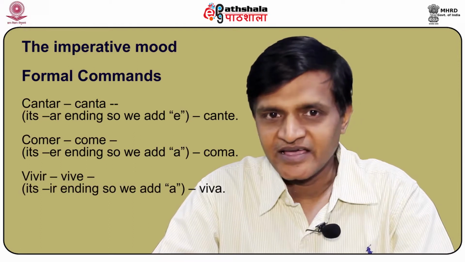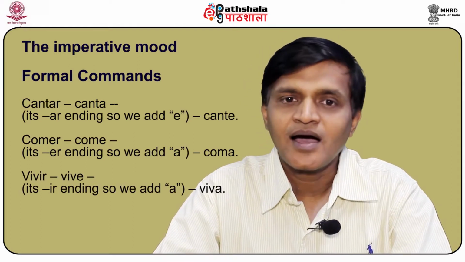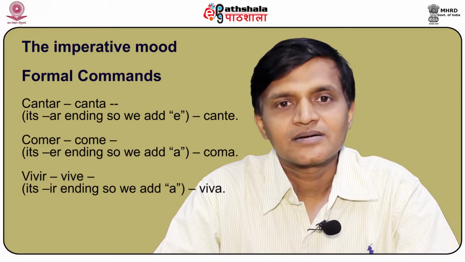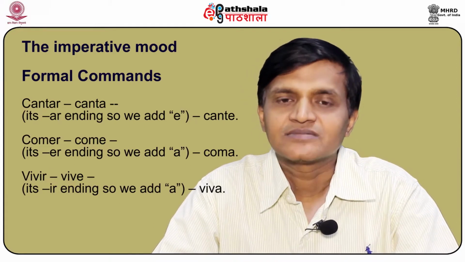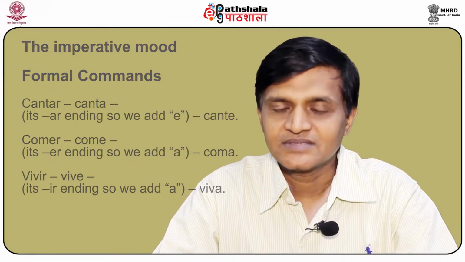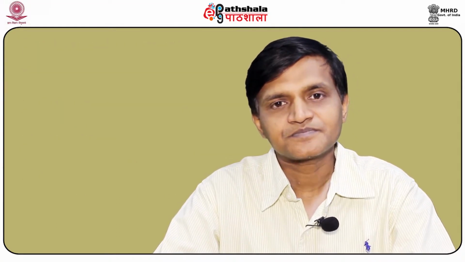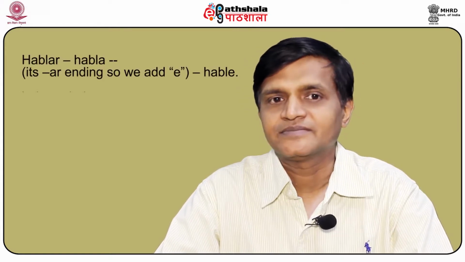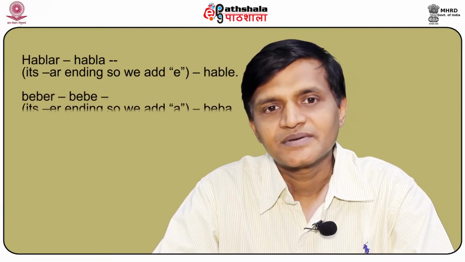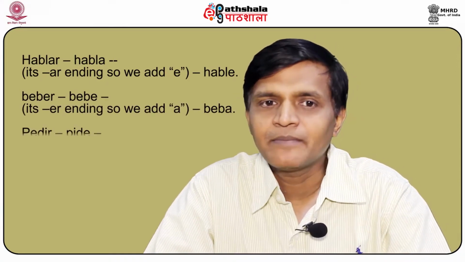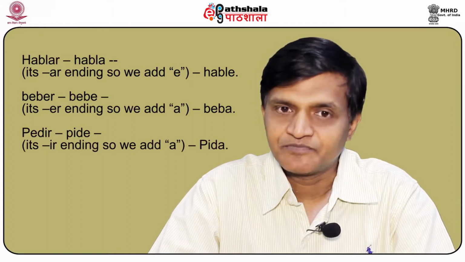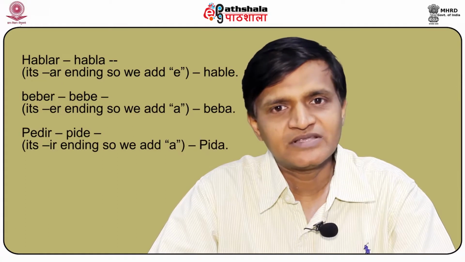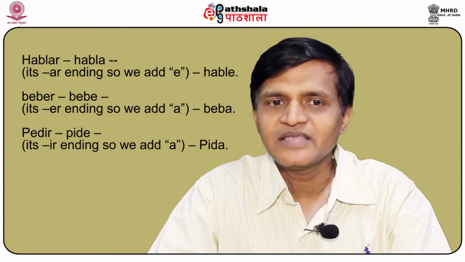So ER and IR change to A, and the AR ending verbs like cantar, hablar are all changed to E: cante, hable, etc. Habla, I repeat again, becomes hable. Beber, from bebe it becomes beba. Pedir, it's pide, it's an IR ending, but we add an I, so it becomes pida. So hable, beba, pida.